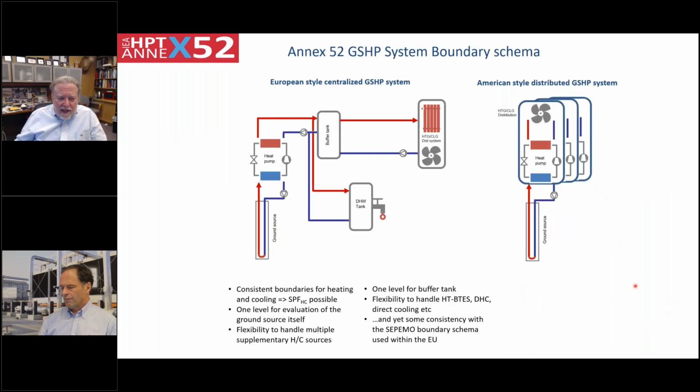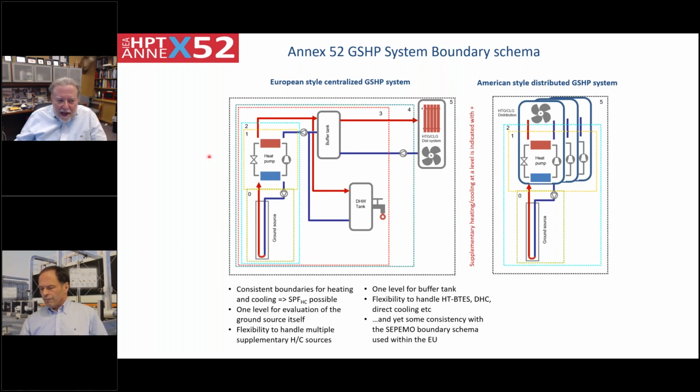The boundary schema: this diagram shows a couple different kinds of systems, and these dashed lines are the boundaries. The purpose of having standard boundaries is so that we can better analyze the performance of certain parts of the systems independently from each other. Depending on the boundary, you can maybe tell whether the heat pump is working well.